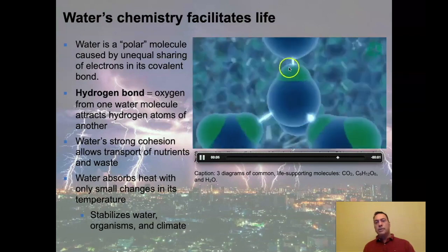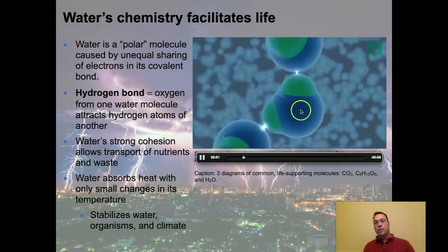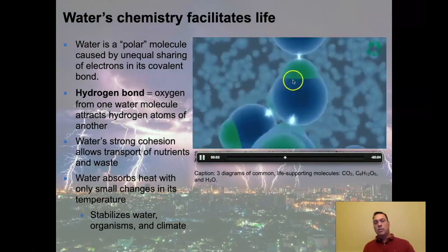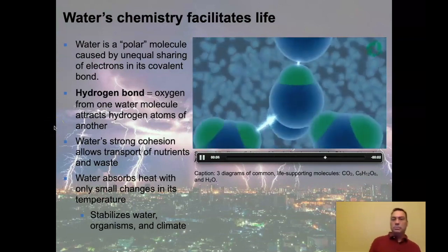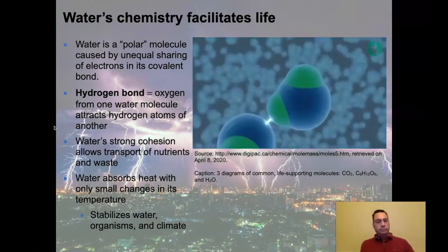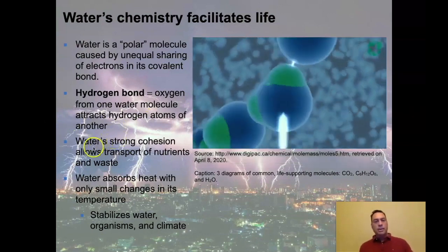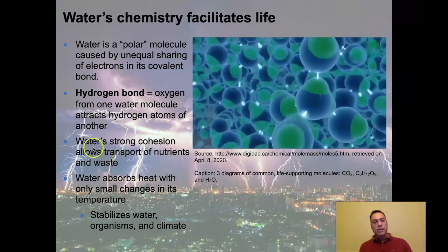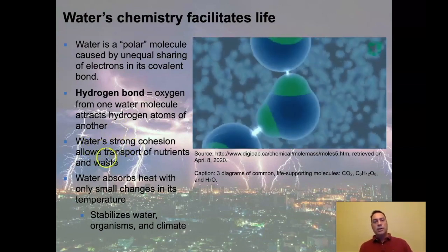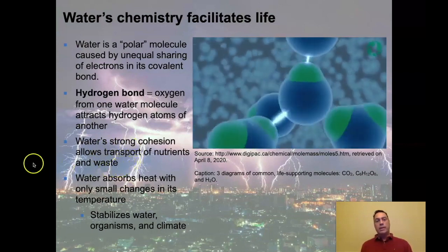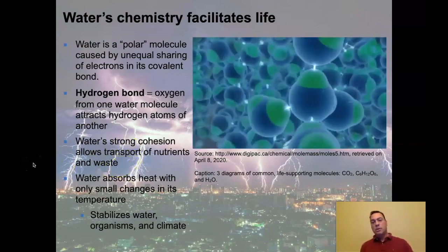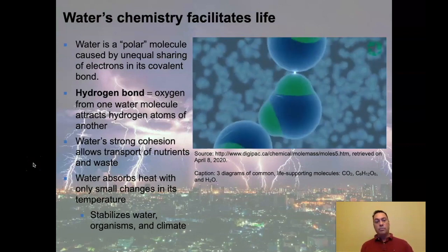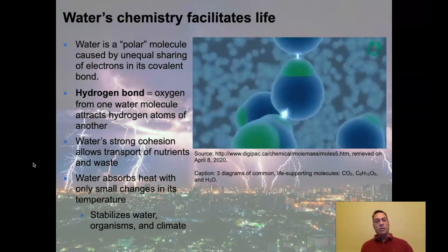You can see it right here, because this blue part is negative and the green parts are positive. And that's important because that brings about something called water tension, right? So water's strong cohesion allows transport of nutrients and waste, and without it, most of the systems that we take advantage of in life wouldn't work very effectively, if at all.